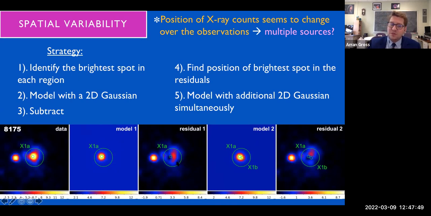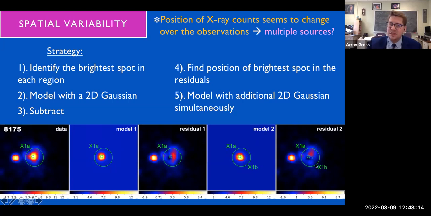And then we look at the residuals, we see if there's still some really noticeable bright patches, and we stick another 2D Gaussian on top of that and do the same modeling. I should say that when we use 2, we're modeling it simultaneously on the original image, not on the subtracted. So we're getting a best fit of these 2 point sources simultaneously.